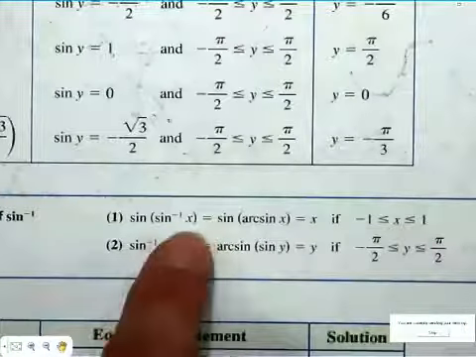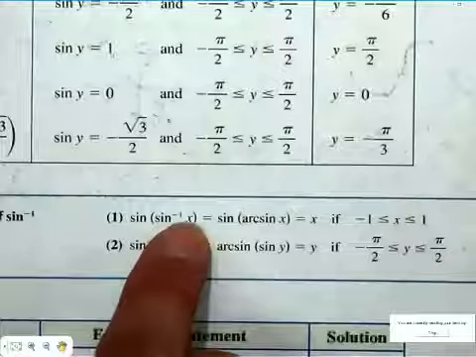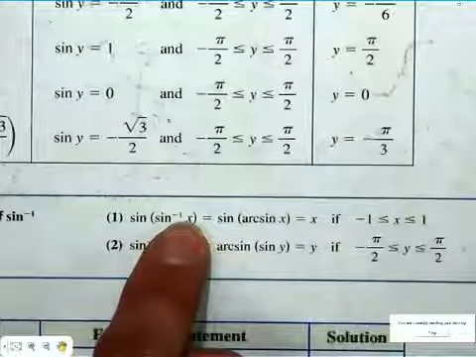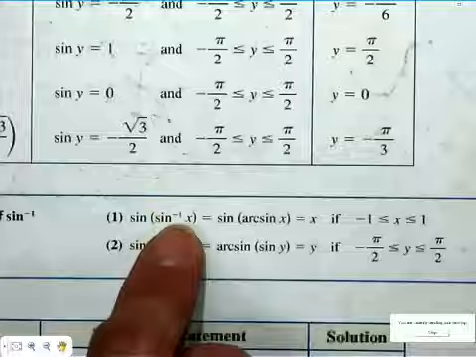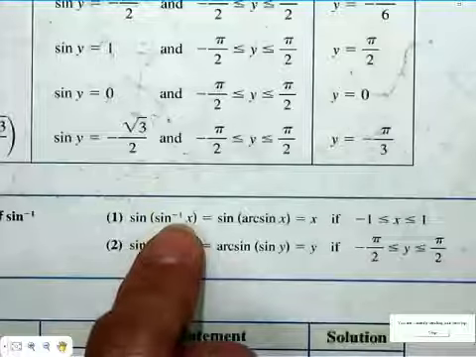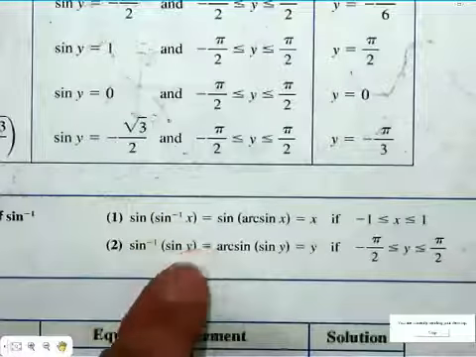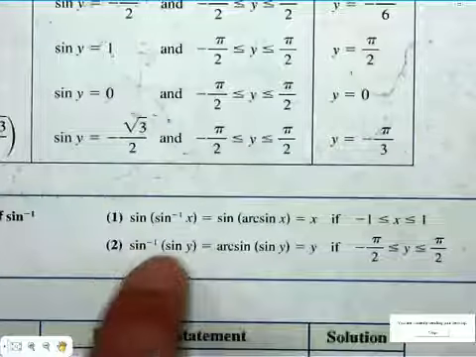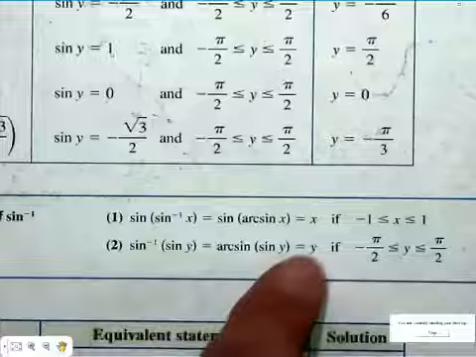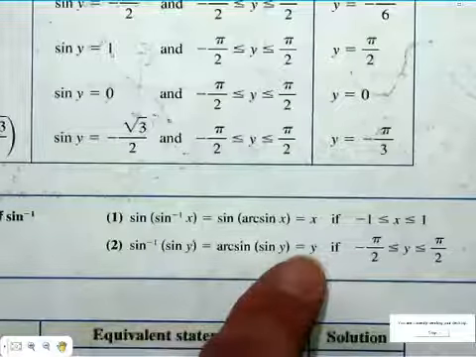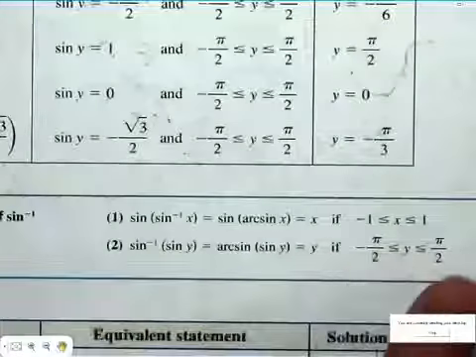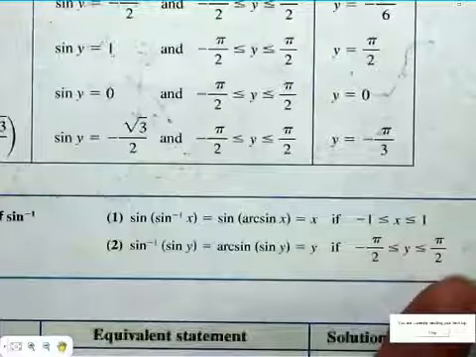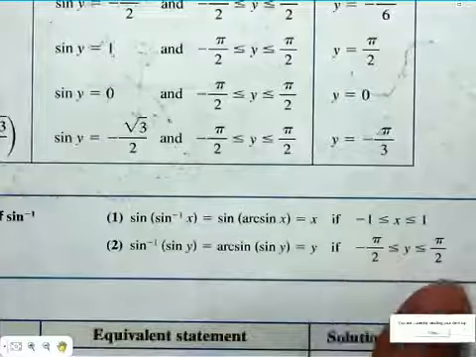So this first property only works for x's between negative 1 and 1 because you can't take the arc sine of anything else. The second property, inverse sine of sine of y, those two should undo each other and leave you y, but they only will if y is a fourth or first quadrant angle, because that's all that inverse sine will ever give you.